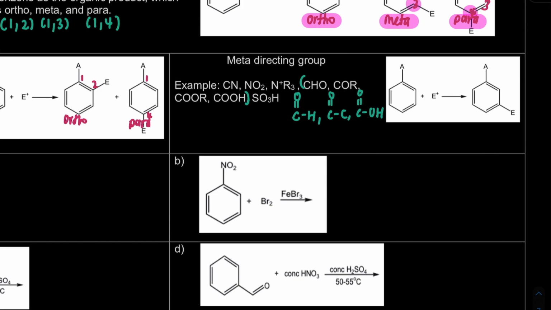Okay, so if you find this one, it will be the meta-directing group. So it means that, again, the original substituent will be carbon number 1, 2, 3. So 1, 3 will be our meta-directing group. Okay, so that's the directing group.